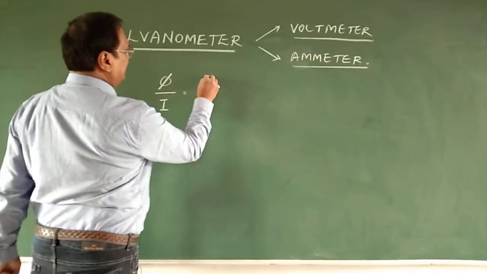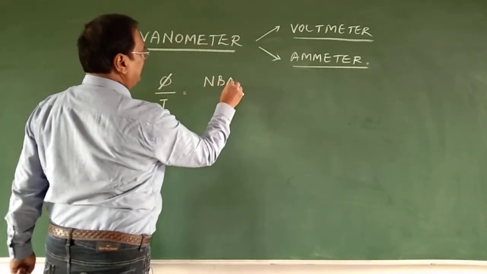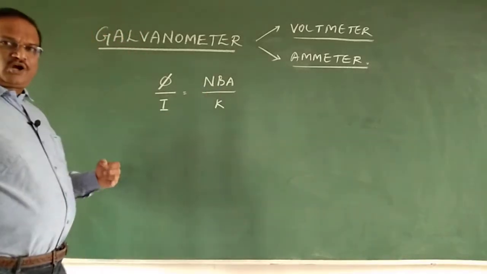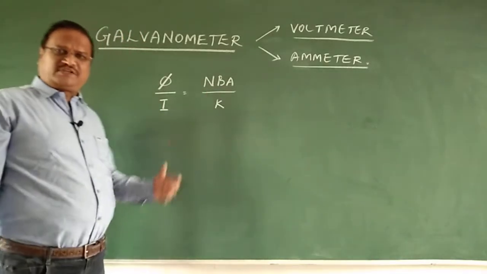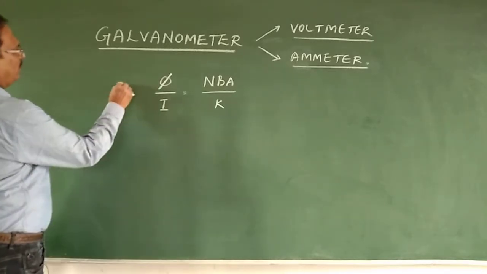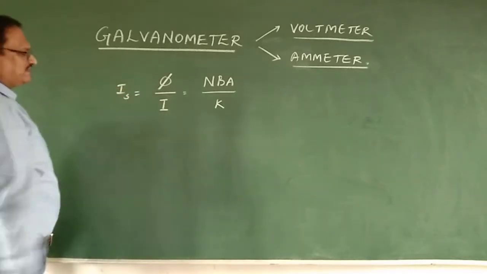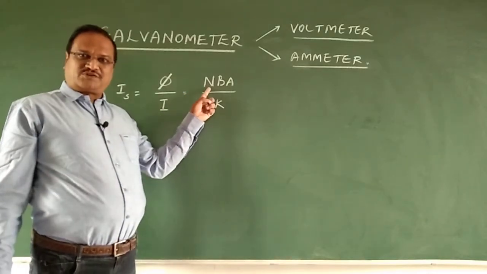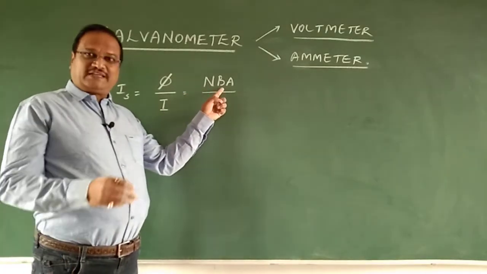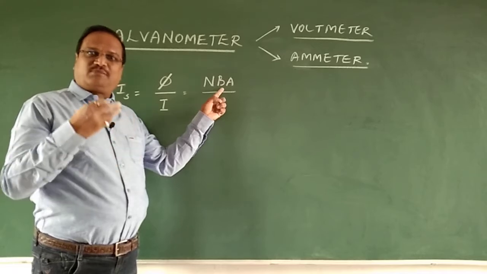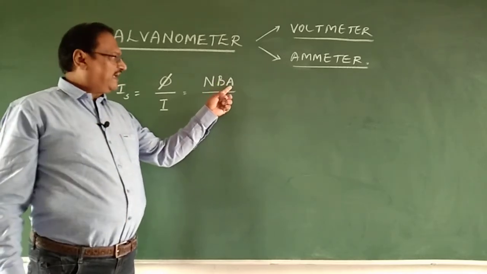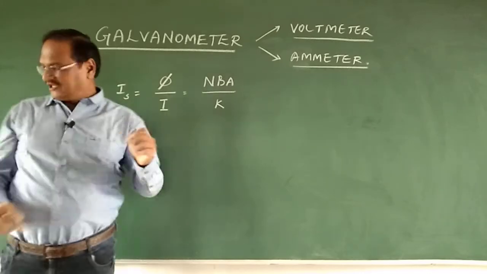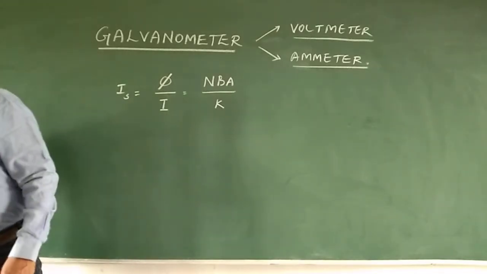That we said is NBA upon K. Now, how do we increase current sensitivity? We can say, if you want, IS, current sensitivity. N by increasing the number of turns, B by making the magnetic field stronger, A by increasing the area of cross section of the rectangular loop.